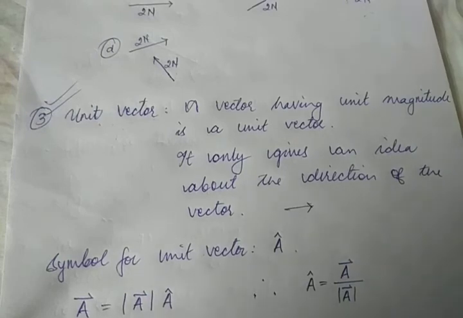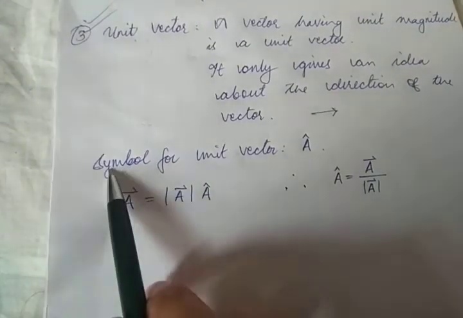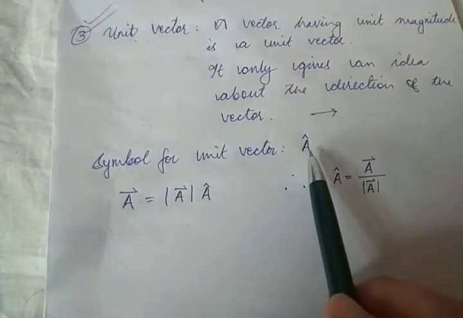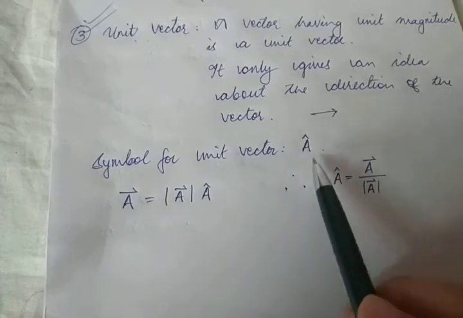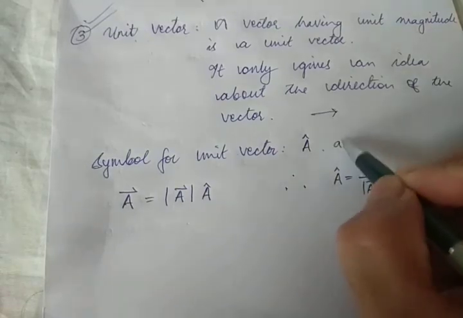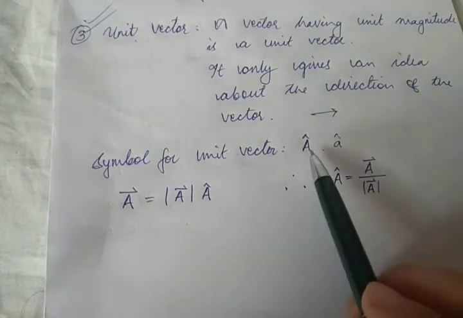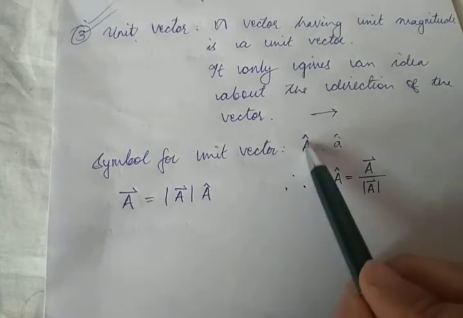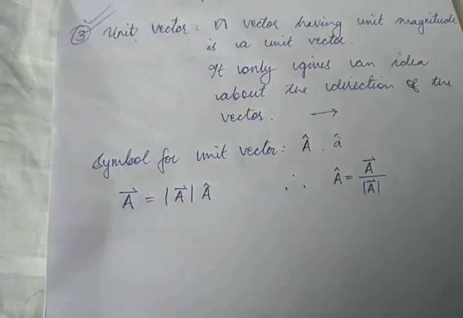We are going to talk about this more in the videos to follow. Now the symbol for a unit vector: a with a cap, I call this a cap. It could also be in small letter, or it could be any letter of your choice, remember. Wherever you see this cap, you have to understand this is a unit vector.